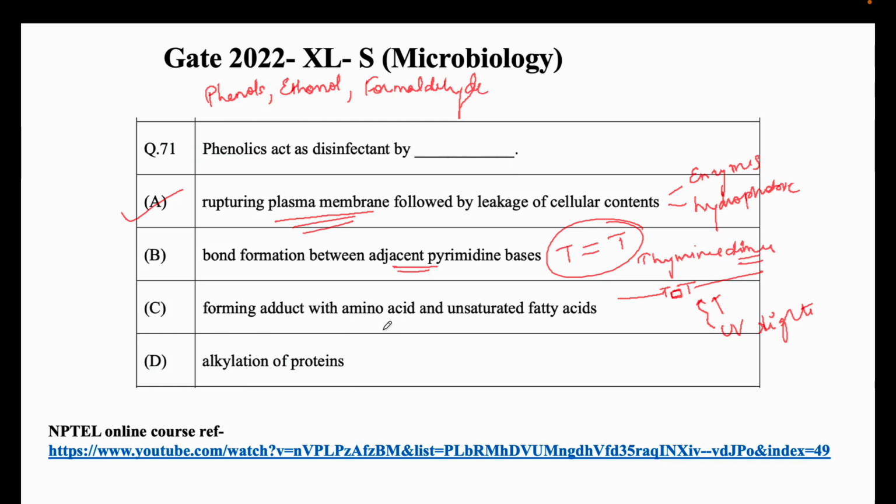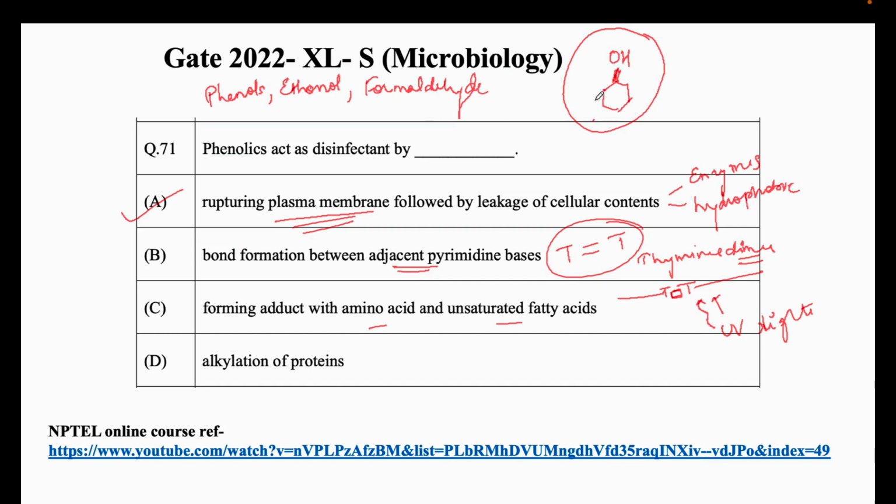Forming adduct with amino acid and unsaturated fatty acids: there are different chemical reagents which form adducts. And alkylation of proteins: there are also different disinfectants which alkylate proteins, but not phenol. Phenol's reactive group is just OH. Always remember, see the structure.